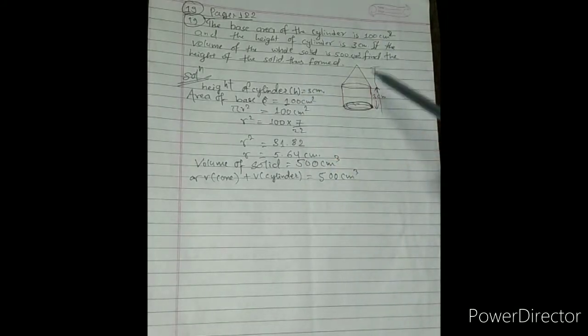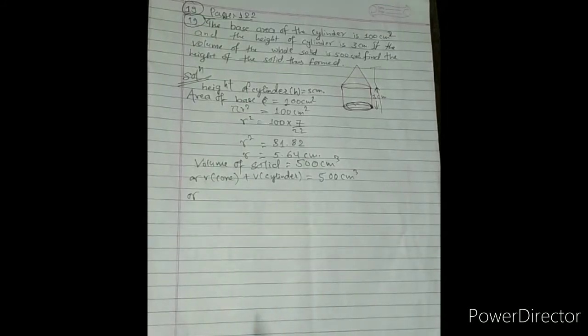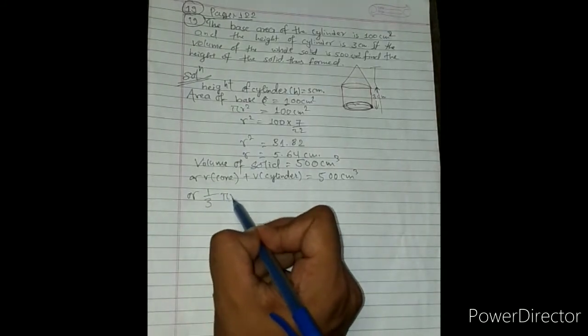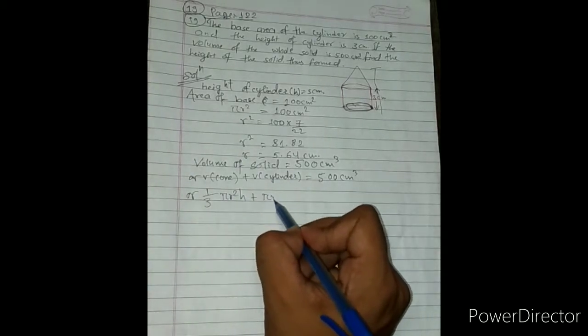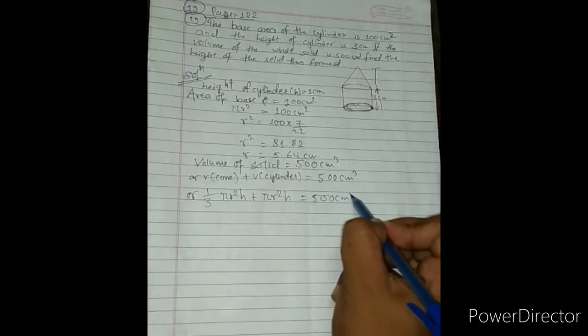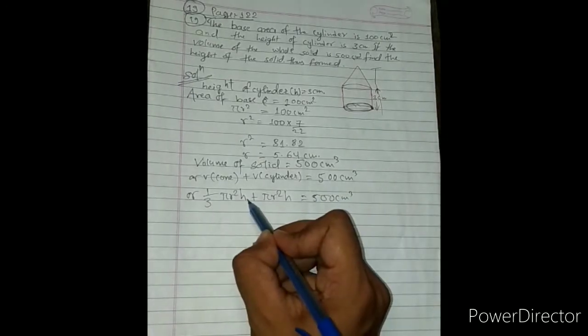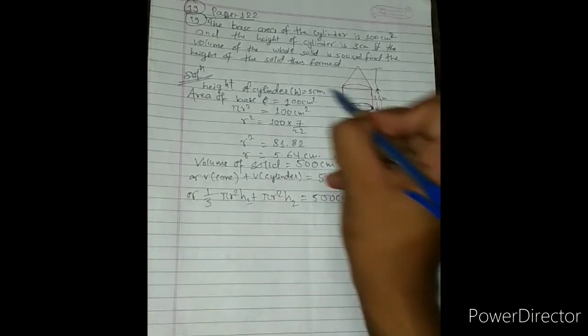For that, first of all, let's find the height of the cone. What is the formula of volume of cone? 1 by 3 pi r square h. What is the formula of volume of cylinder? Pi r square h. The sum equals 500 centimeter cube. Here, let the height of the cone be h1 and the height of the cylinder be h2.